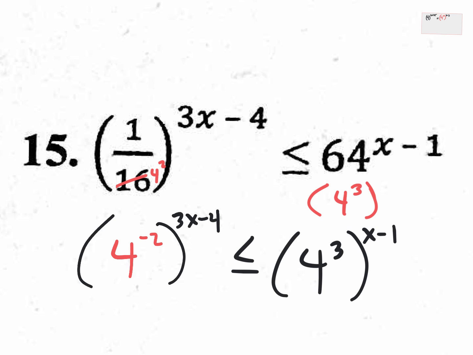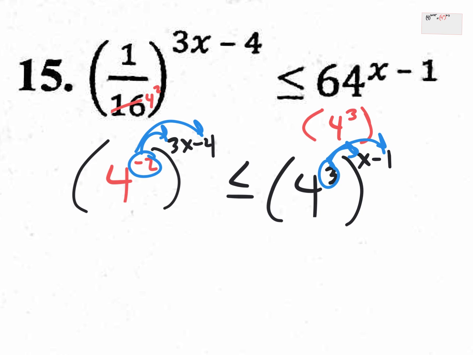So now that we've changed it to the same base, we're supposed to distribute. Normally I would write this answer as the exponent of 4, and then delete the 4's. But once you do this a couple of times and get comfortable, you could just skip that step of deleting 4's.